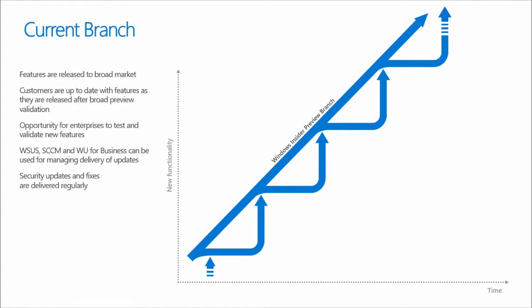So over time, you're just following along in the path. With Current Branch, we periodically release new capabilities 2 to 3 times a year. So you're not getting things new every day, you're getting things new maybe after 4 months. You get a new upgrade that moves you forward on the line to add new capabilities.